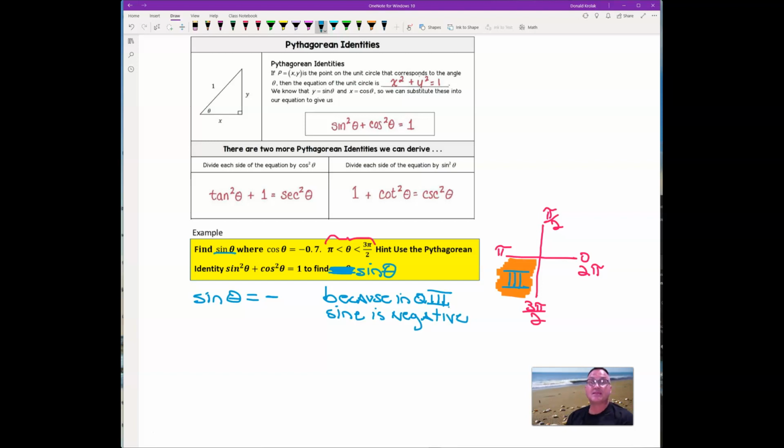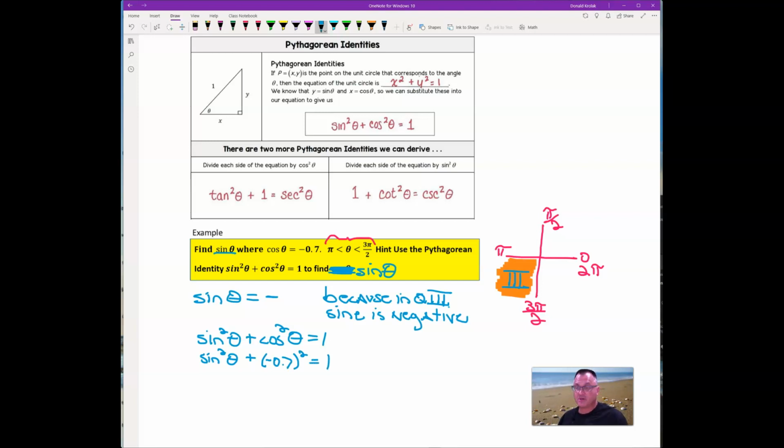So to get that, we're going to put it into our Pythagorean identity. We've got sine squared plus cosine squared equals 1. I'm going to take out the word cosine and put in the number negative 7/10, squared, equals 1.